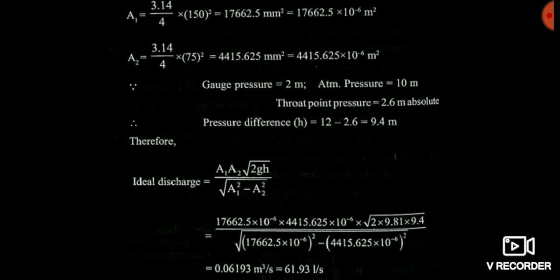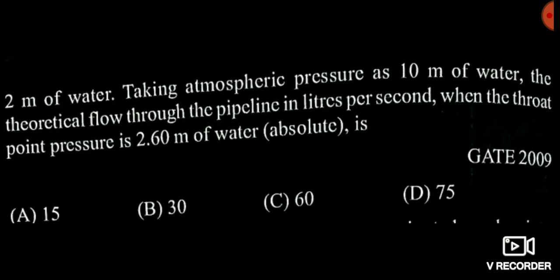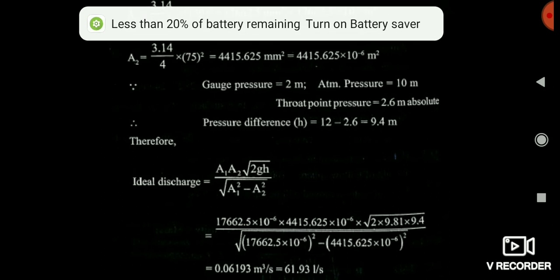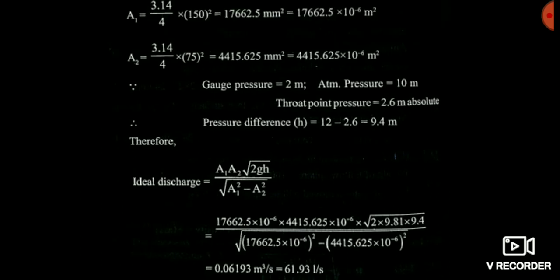So the net pressure difference is total minus throat point pressure. Total is 10 plus 2, where 10 is atmospheric pressure and 2 is gauge pressure, so 12, and at the throat point the pressure is 2.6 meter. So you subtract 2.6 meter and you get 9.4 meter of pressure difference, height h.